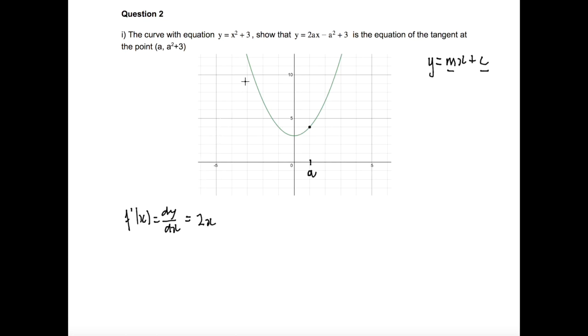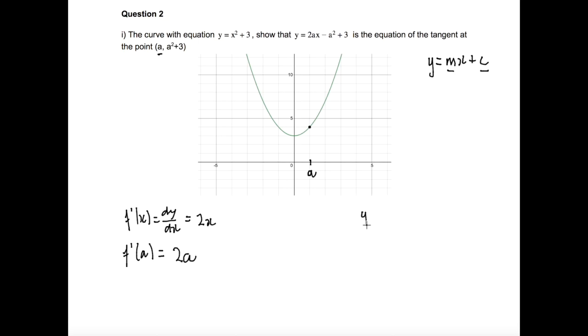Now the question is, show that the equation of the tangent is this expression here. So we want to know the gradient at the point a. How do we do that? We simply substitute in f dash of a, and that tells us the gradient at the point a, which is simply going to be 2a.